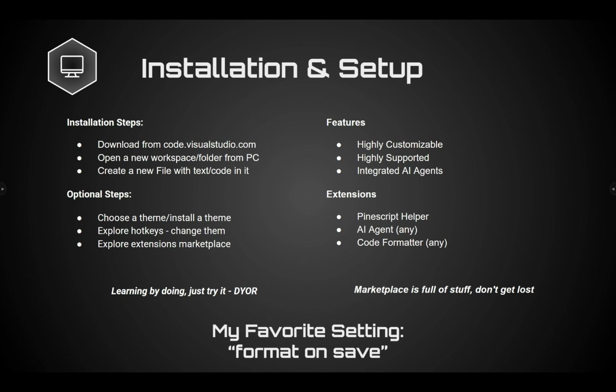And also some of the AI agents that are pre-built into VS Code, but also some that you can look into the extension marketplace, and also some code formatter and how you can use them pretty practically every time.